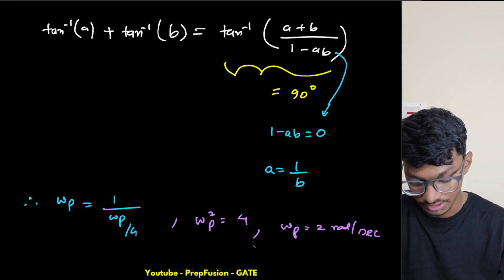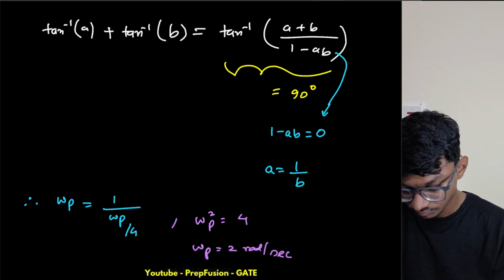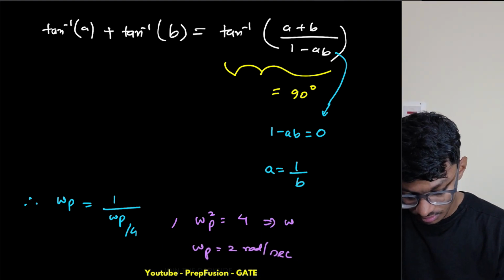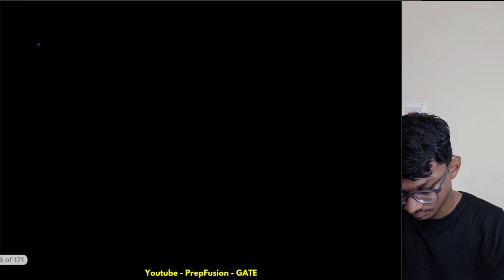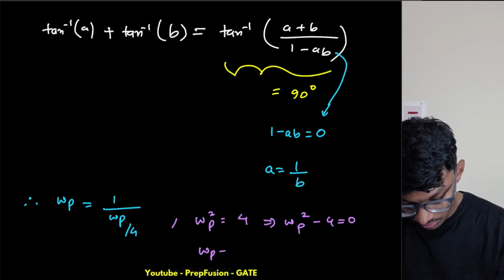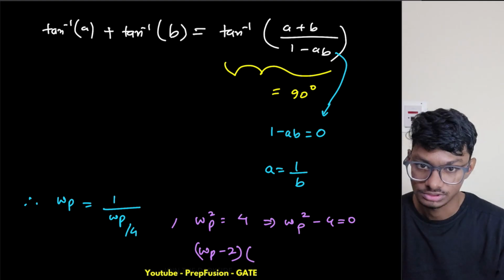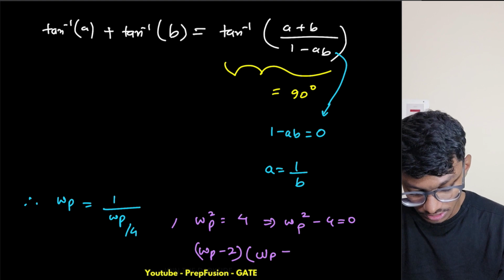Basically what I can do is take this 4 to this side: minus 4 equals 0. Further I can simplify this one. This is omega P minus 2, because I will have two roots, second order polynomial, so I will have two roots, plus 2.